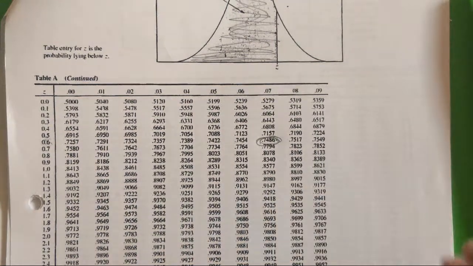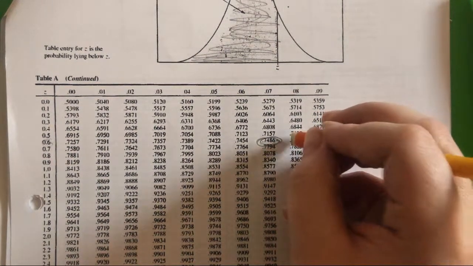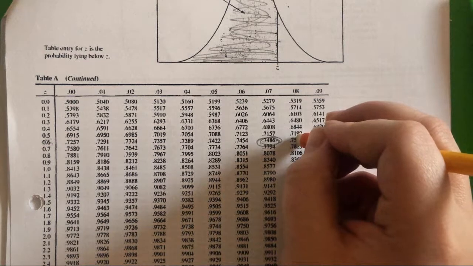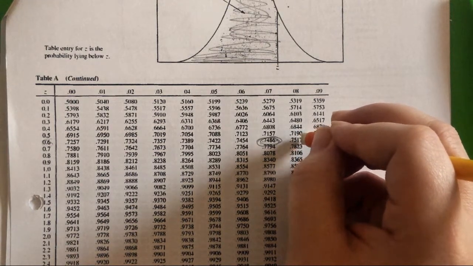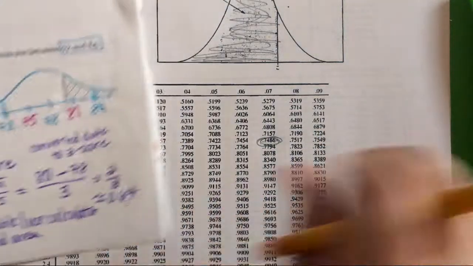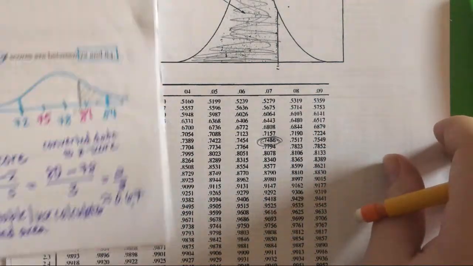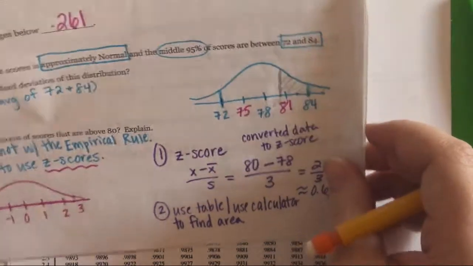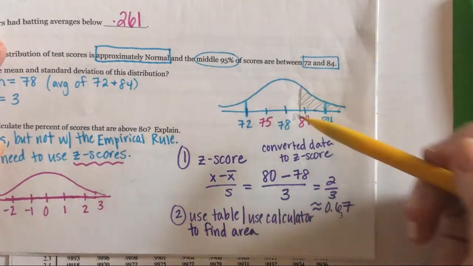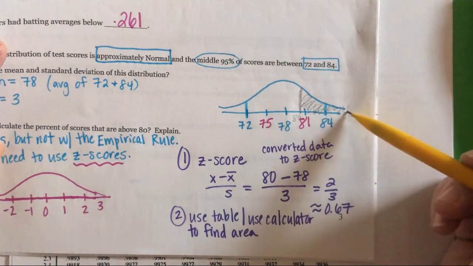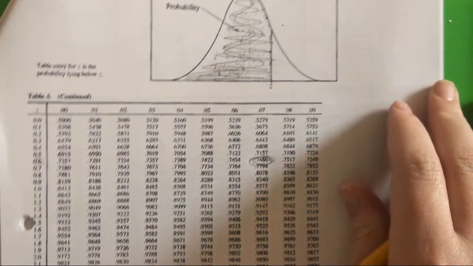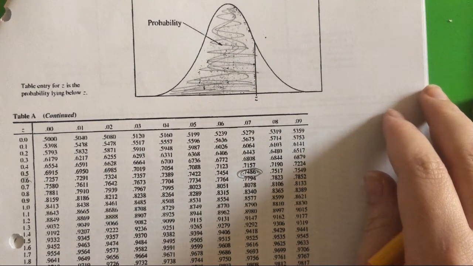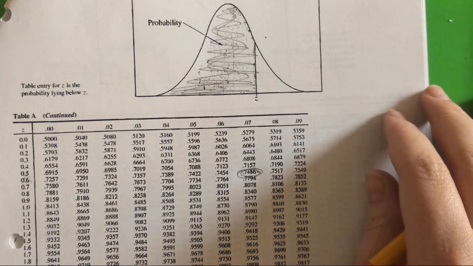Okay, so does everyone understand how I got the 0.7486? Yes. But there is a problem. So let's go back to our problem. Let's look at ours and see where we've highlighted what we need. Now look back at that table. Were they shading to the right? No. They shaded to the left.